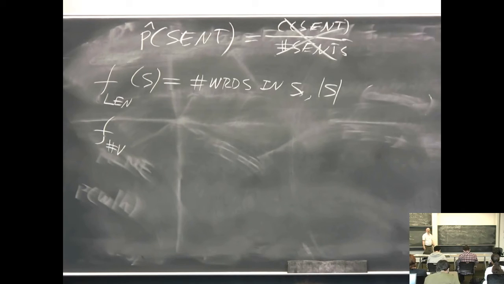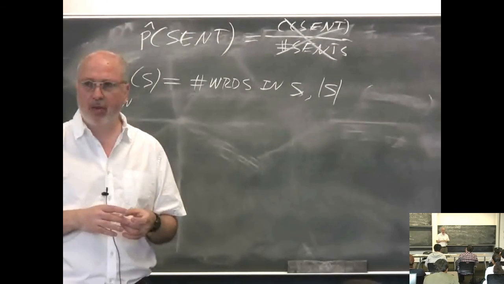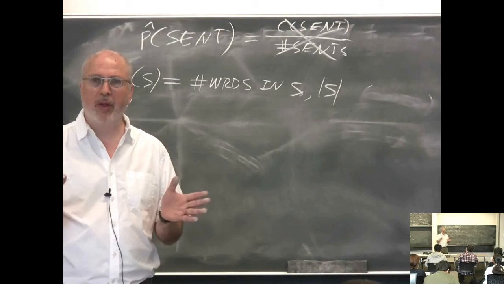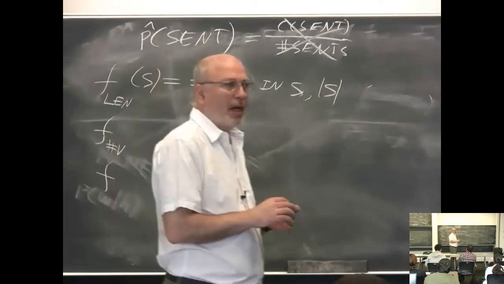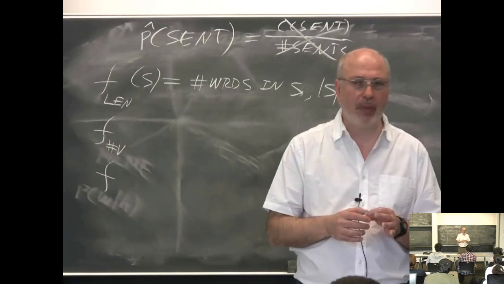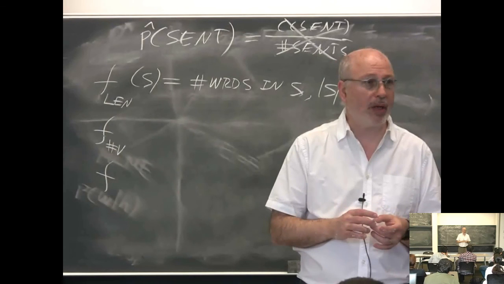If there are particular linguistic constraints that you're concerned about, you can design a feature for any one of these constraints. If you want to make sure that gender matches gender, or plural and singular, whatever, there are many ways you can do that. It's not an automatic process, but you can imagine coming up with a set of functions that tries to capture that in the following sense. Suppose there's a particular kind of grammatical violation that you're concerned about, that your existing model doesn't deal well with. And suppose that because it's grammatically incorrect, it is very rare in real data.